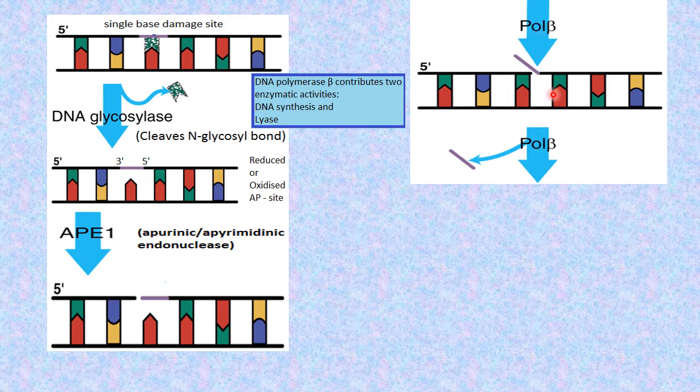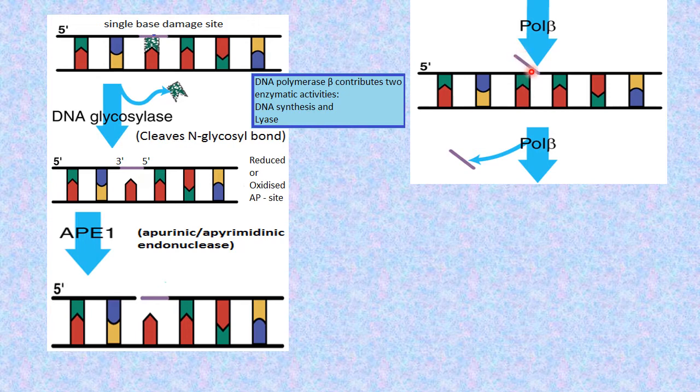One is the DNA synthesis, that is the addition of the proper nucleotide, making use of the availability of the free hydroxyl group at the 3' end. And the other is the lyase activity.